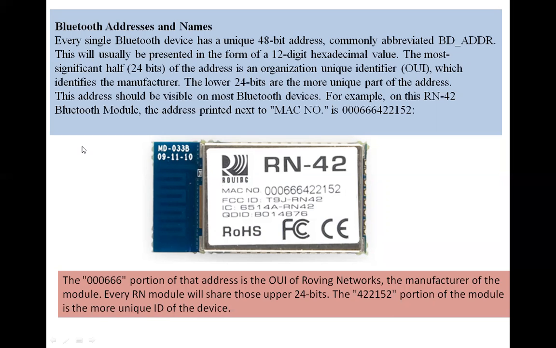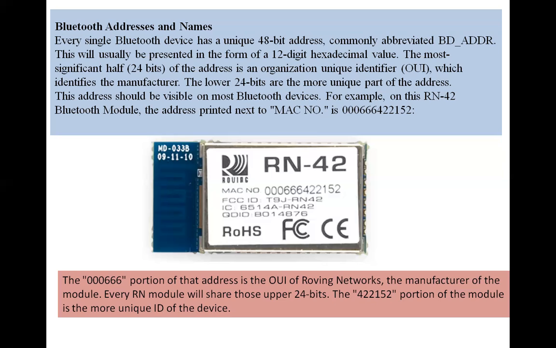See, every single Bluetooth device has a unique 48-bit address, commonly abbreviated BD_ADDR. This will usually be presented in the form of a 12-digit hexadecimal value.